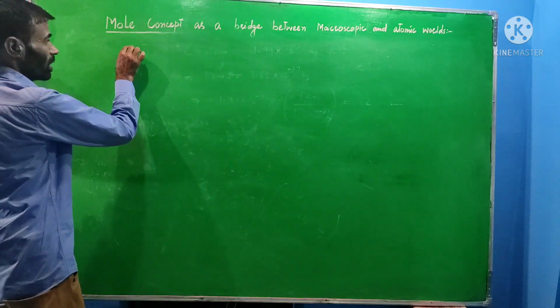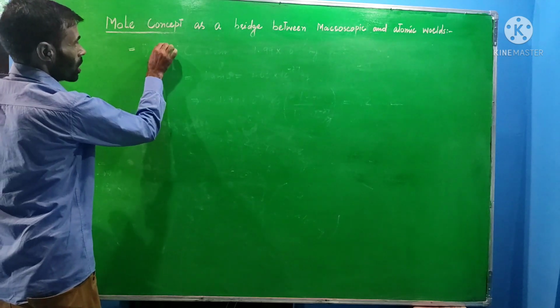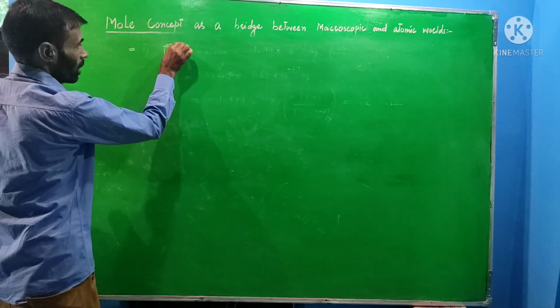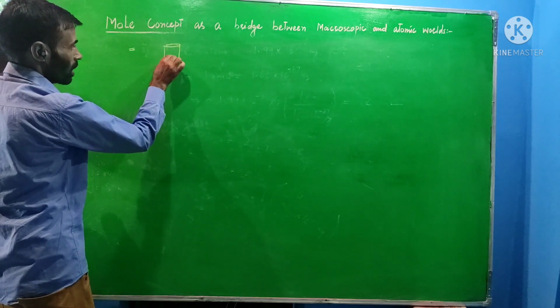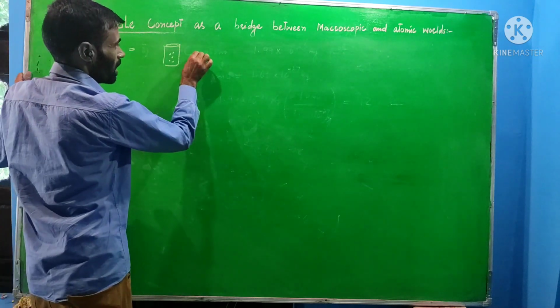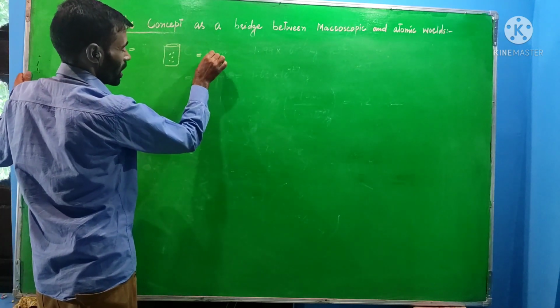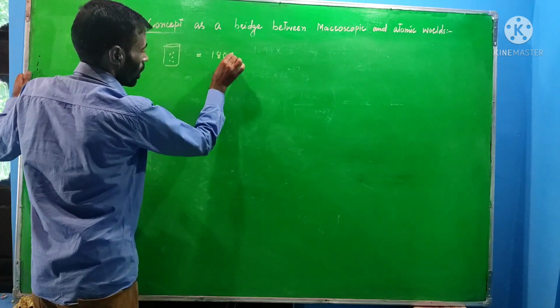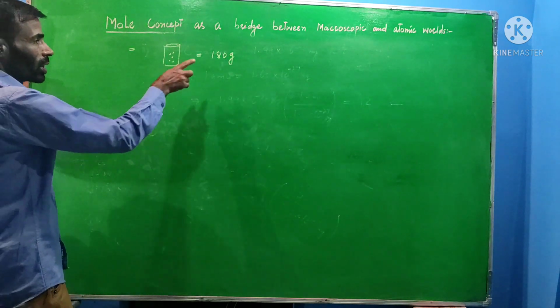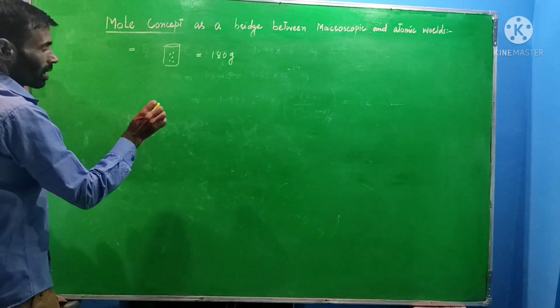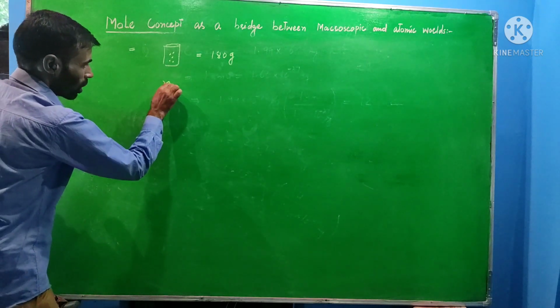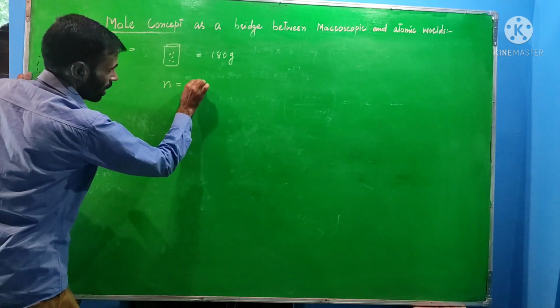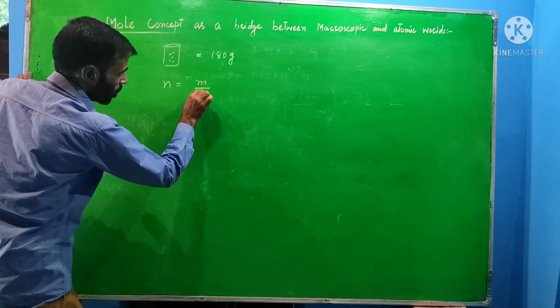Now let us take this example. Suppose we have a glass of water, whose mass is equal to 180 gram. Now, find the number of molecules within this glass of water. We know the number of moles is equal to mass in grams divided by molar mass.